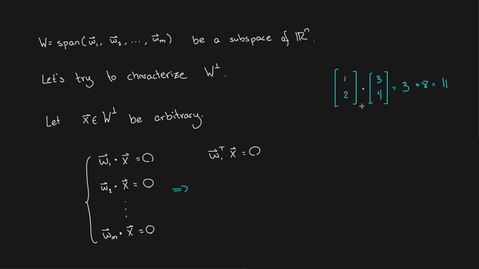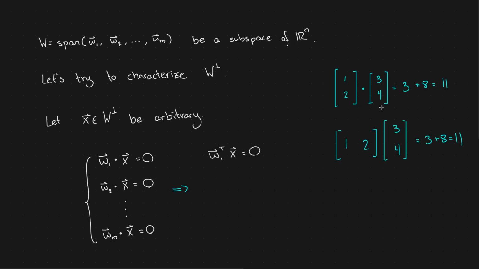Now do the same thing, but transpose that first vector, and now do matrix multiplication. This row and this column, I take the dot product of them. I get 1 times 3 plus 2 times 4, and I get 11.